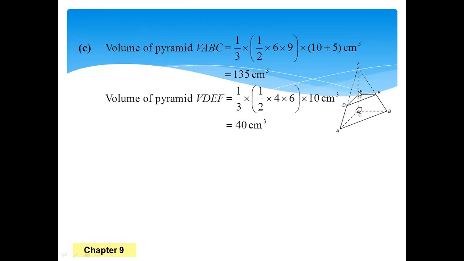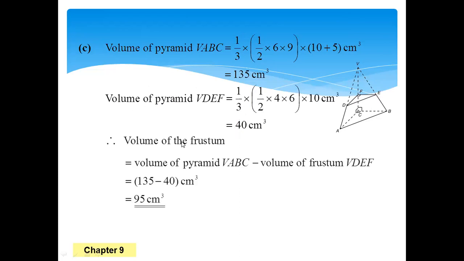The base is a triangle, so area of triangle times the height VF, 10, times 1/3. This is the volume of the pyramid. Finally, the volume of this first one below is the difference of these two pyramids, the larger minus the smaller.